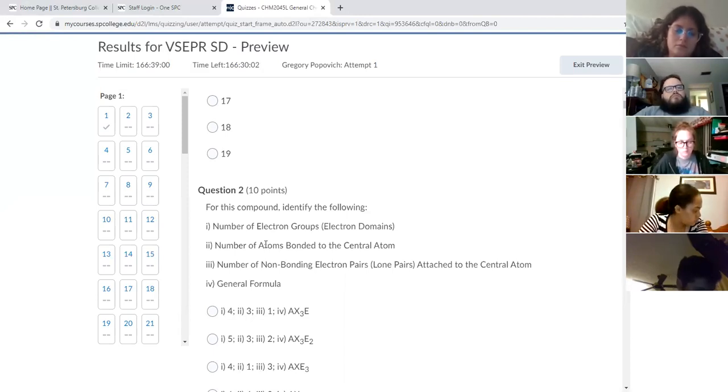Third question, the number of non-bonding electron pairs. Then we get the funky formula. X's designate atoms, E's designate lone pair electrons.